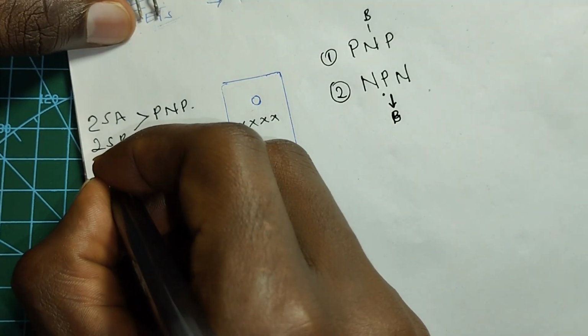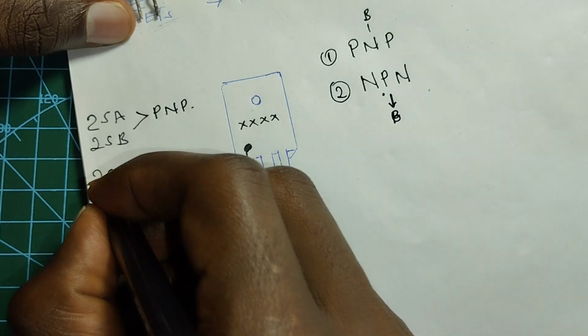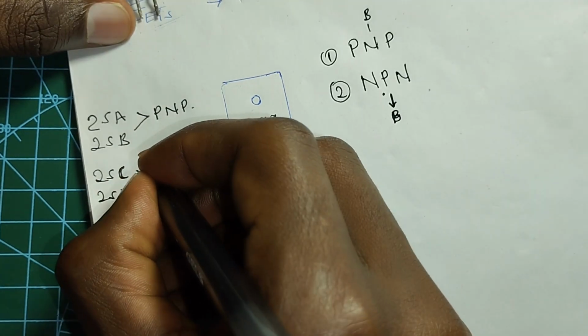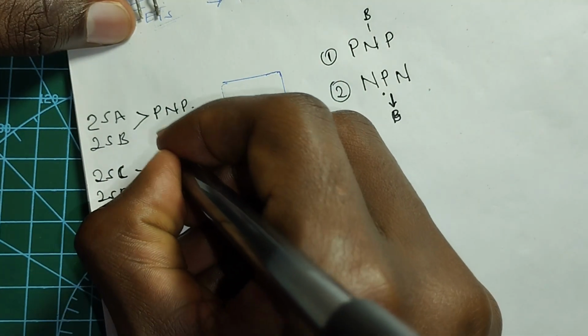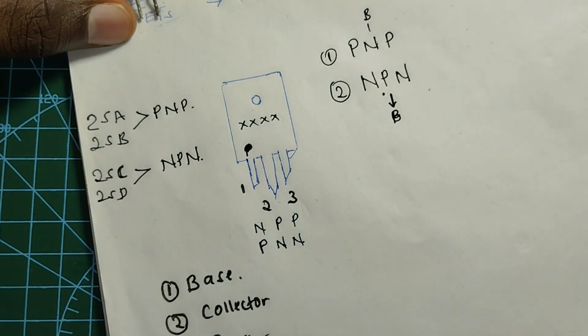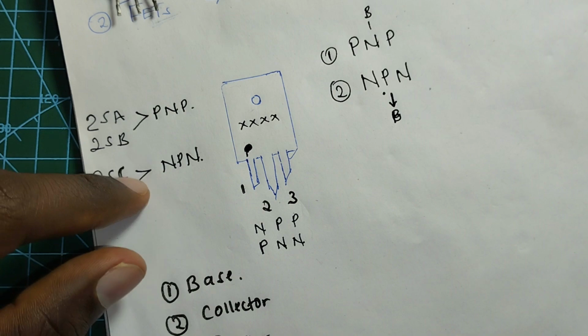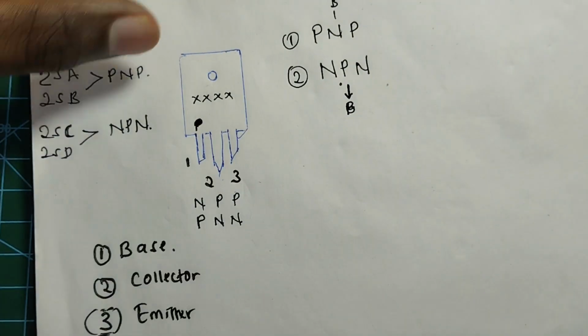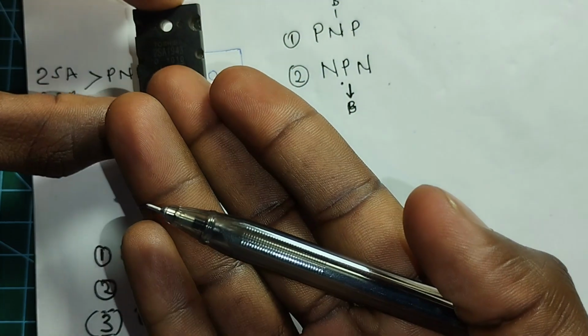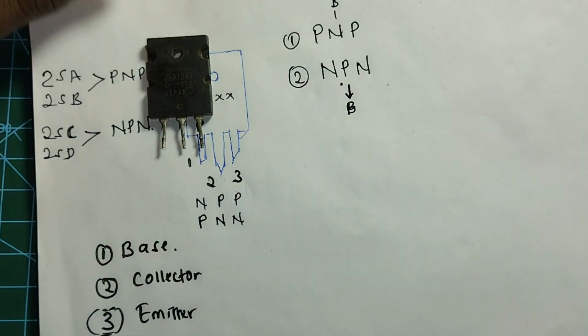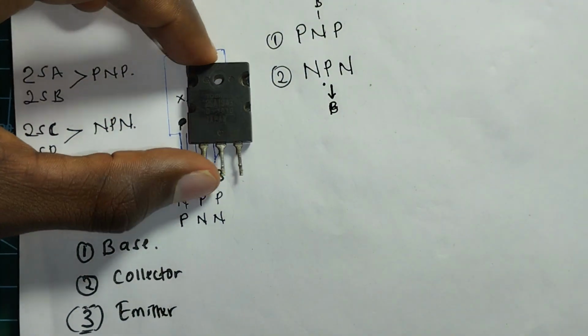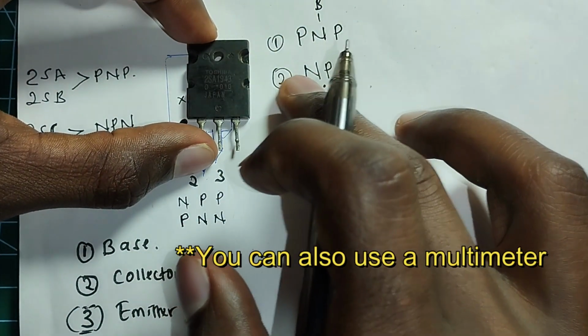If you have a 2SC or a 2SD, that one is an NPN transistor, right? So this is where you have to check the naming scheme. Or the easiest thing, you just Google the part number and you are going to know whether your transistor is a PNP or an NPN.